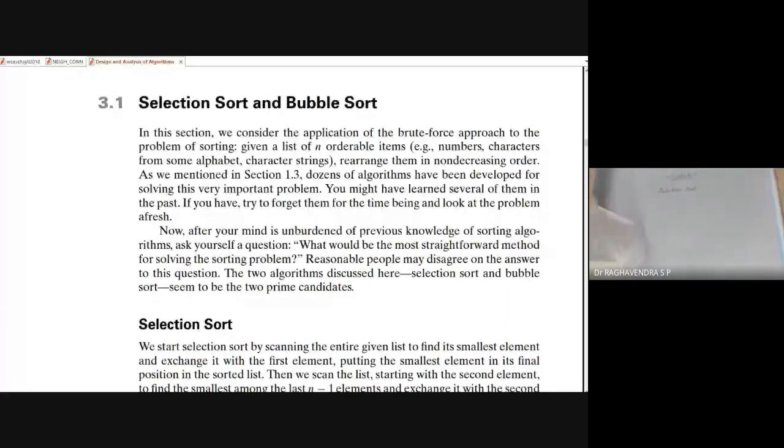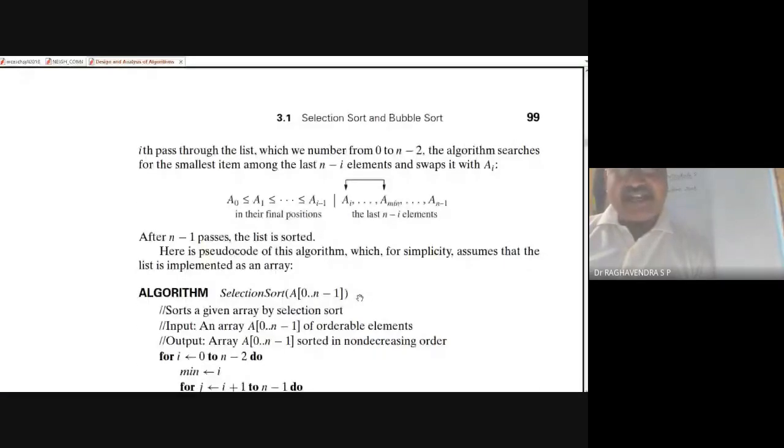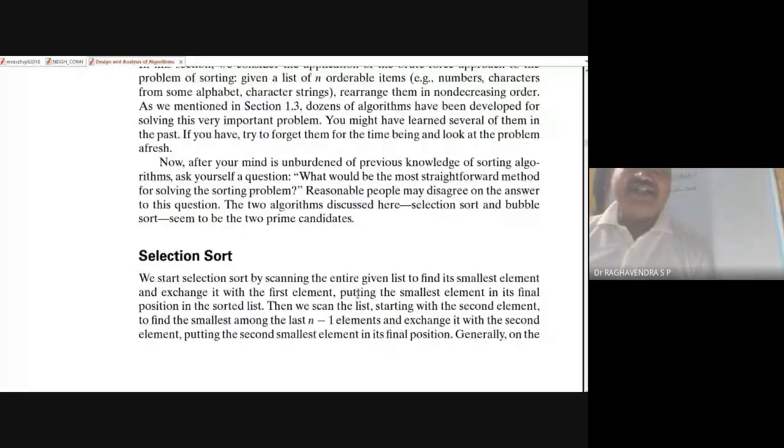Okay, selection sort. So how will this selection sort work? The approach is very, very simple. The given array will be scanned for the smallest element. Once the smallest element is found, it will be taken to the first position, and the rest of the elements can be declared as n minus 1.